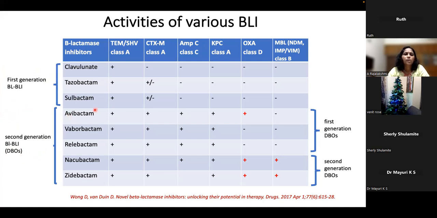The most important thing you have to understand is that avibactam belongs to the second generation BLI, otherwise called a first generation DBO. It has action against ESBL, that is TEM, CTX-M is also class A, that is ESBL, and KPC, AmpC, and OXA-48, but it has no action against the MBL producing pathogens.